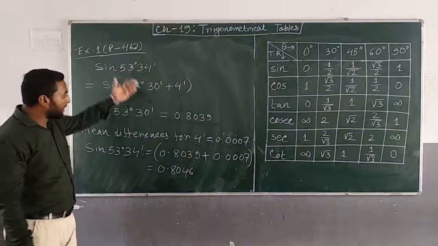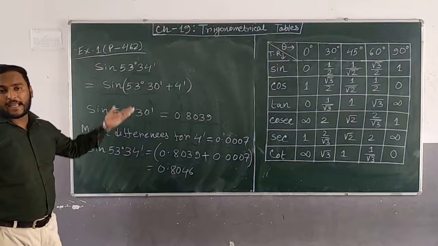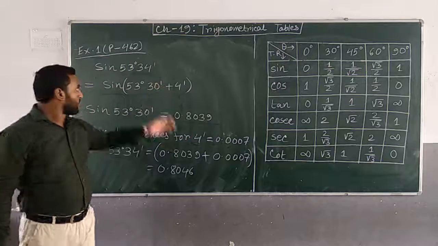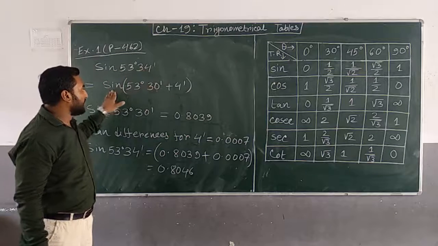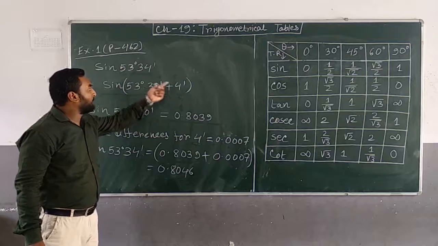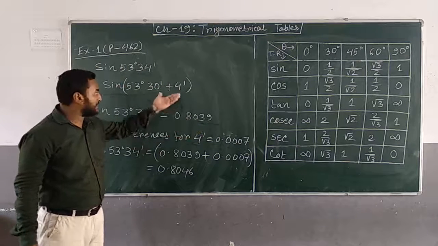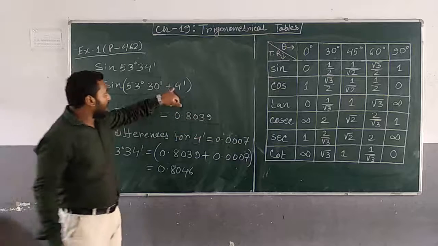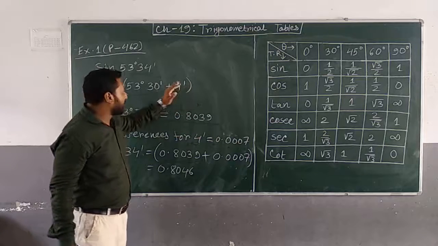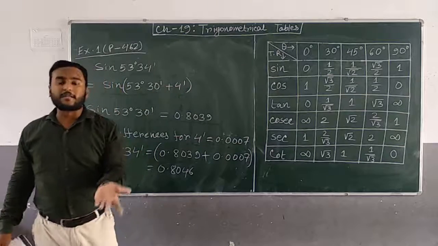This is the method of calculating the trigonometric ratios for any angle from 0 to 90 degrees. For 53 degree 34 minutes, you have to write it in this form, 53 degree, multiple of 6, plus something. Here it is 4 minutes, maybe in some problem there will be 3 minutes, 2 minutes, 1 minute, up to 5 it is possible. After 5 it will be 6, so 30 plus 6 means 36, that is a multiple of 6.